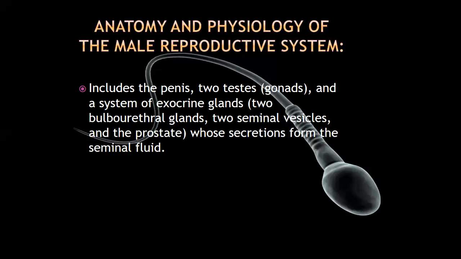In addition to these secretions are the sperm cells, which are produced from your gonads. So basically, when we talk about semen analysis, we're talking about the sperm cells contained in the fluid secreted by these exocrine glands that I have mentioned a while ago.